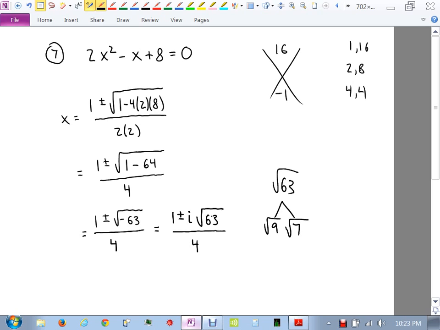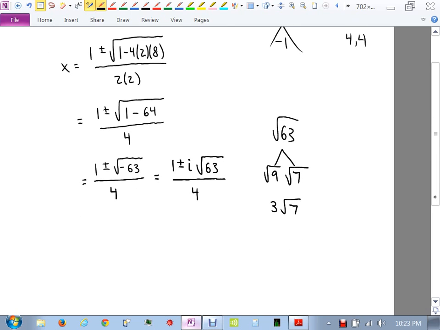So I'm going to be able to turn that root 63 into a 3 root 7. So I should get equals 1 plus or minus, now the 3 comes out, but I'm going to put the i behind it, and then square root of 7, all over 4. And I can't go any further because in order to cancel a number, they would all have to have a common factor, which they don't. So this is the only problem on the test that has an imaginary number as an answer.